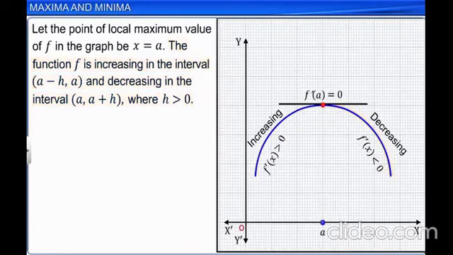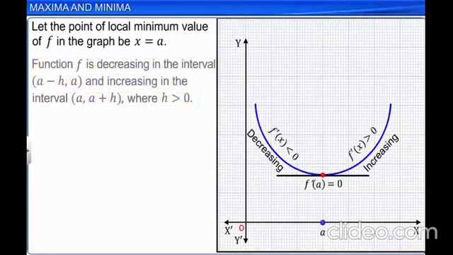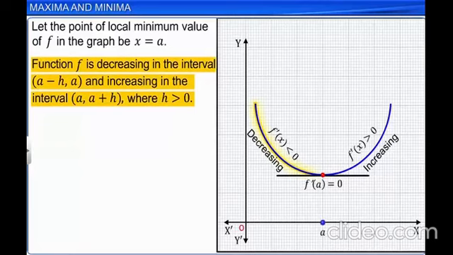Now, let x equals a be the point of local minimum value of f. Then the graph of the function f around a is as shown. In this case, f is decreasing in the open interval (a minus h, a), and is increasing in the open interval (a, a plus h), where h is a small positive number.